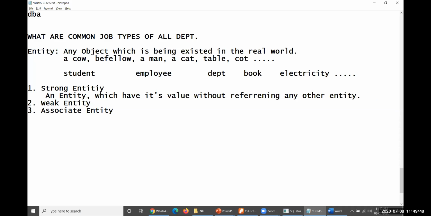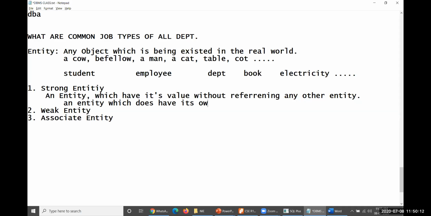In other words, an entity which has its own values.